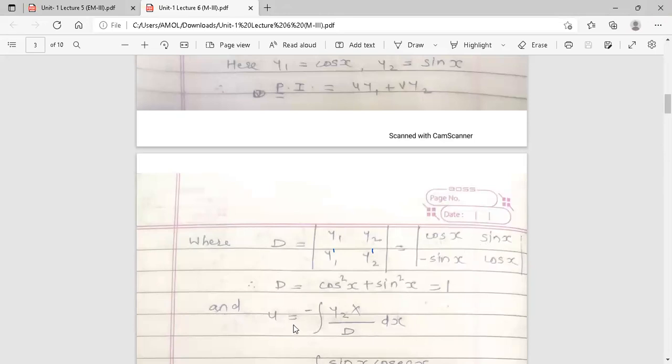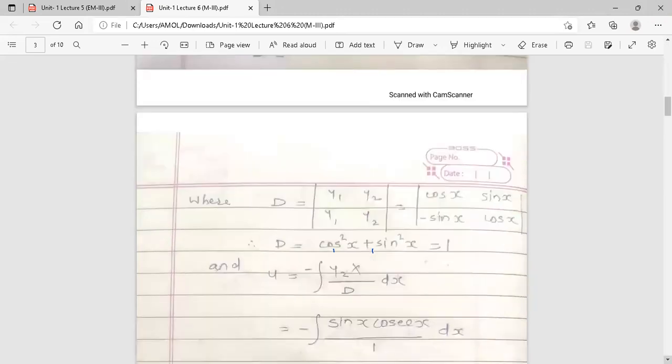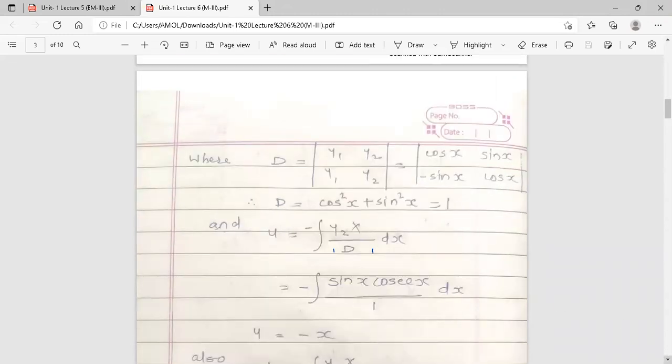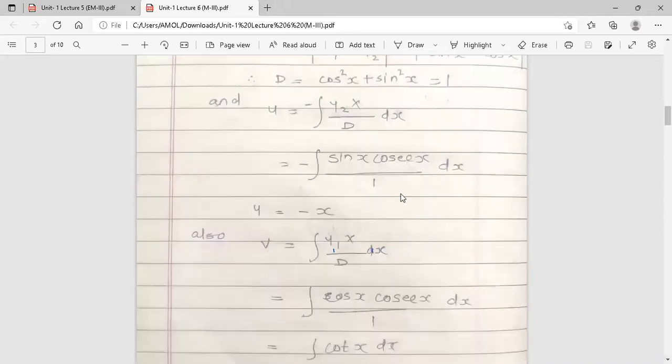And so the formula to find u is minus integration y2 X upon d dx. Now what is y2? Y2 is sin x. Put the value of y2, sin x.